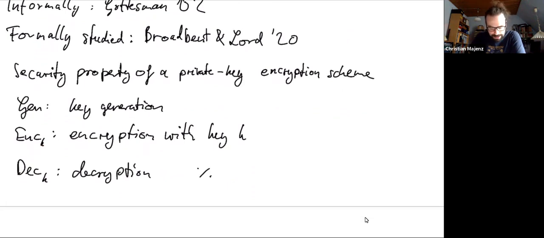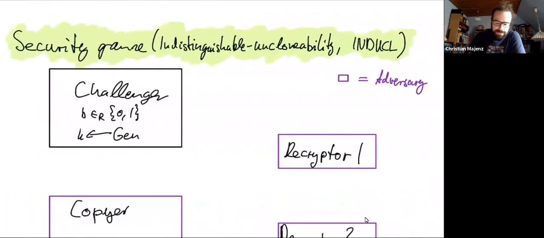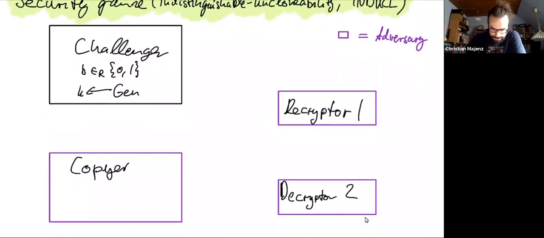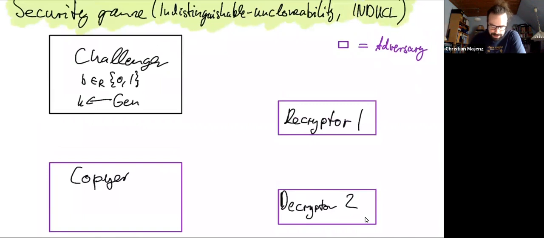So now let's have a look at the security game that is used to formalize this unclonable security. It has 4 participants: a challenger, a copier, and 2 decryptors. And it proceeds as follows. First, just as in indistinguishable security that some of you might know, the copier first provides the challenger with 2 messages, M0 and M1.